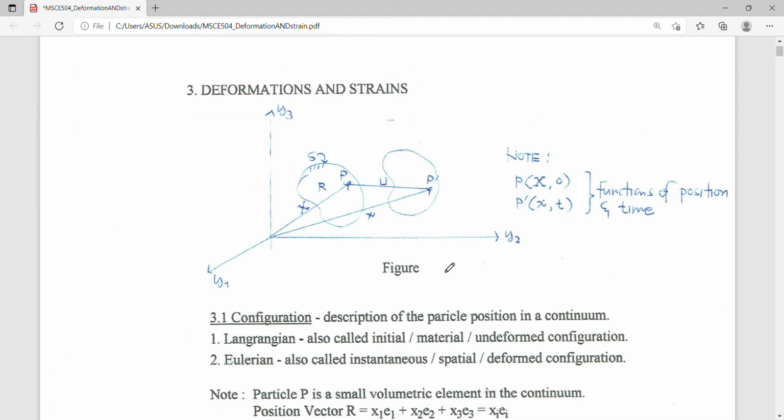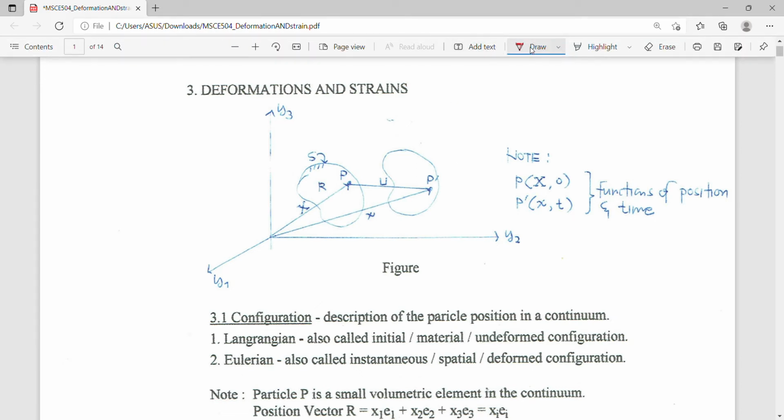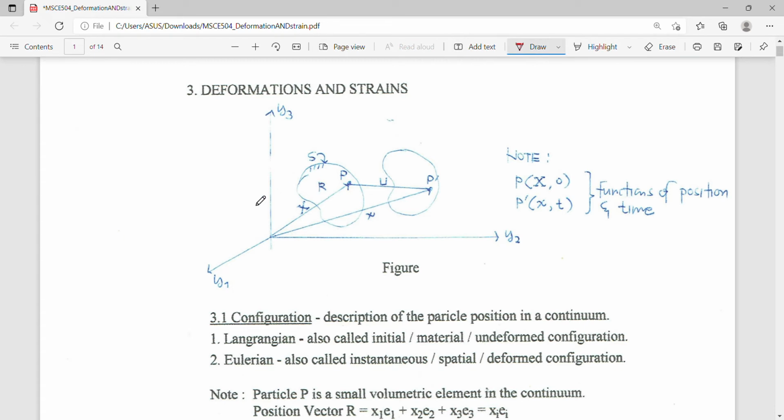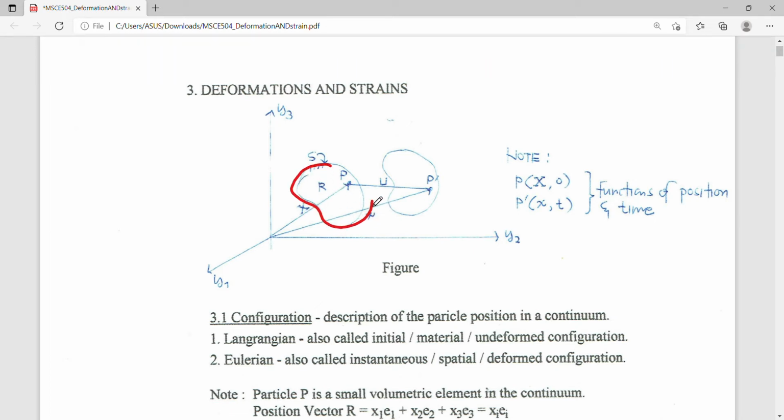So let's consider now a spatial system y1, y2, y3, which is right-handed in terms of the position and arrangement of the axis, and considering a continuous body, which is allowed to move and deform.